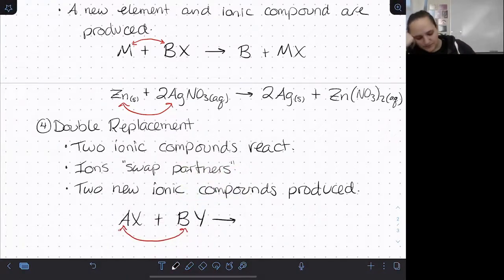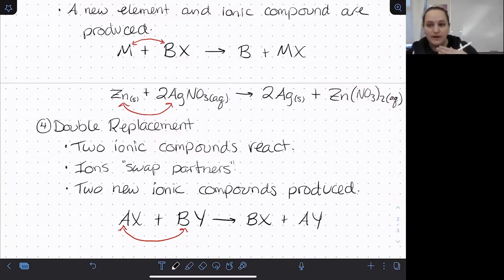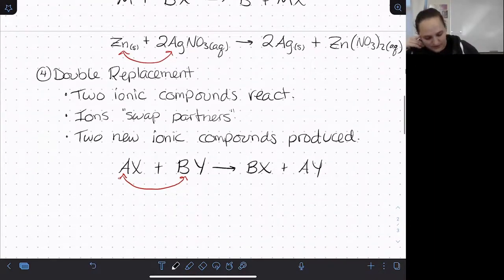So A was originally paired with X and B was originally paired with Y. In my products, I'm going to end up with B paired with X and A paired with Y. So I've just swapped which anion my cation is paired with. An actual example of this might be lead nitrate reacting with sodium chloride.